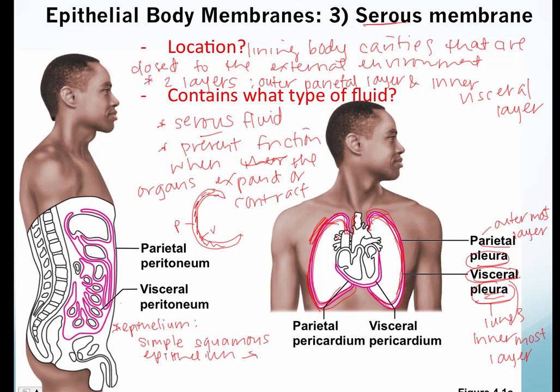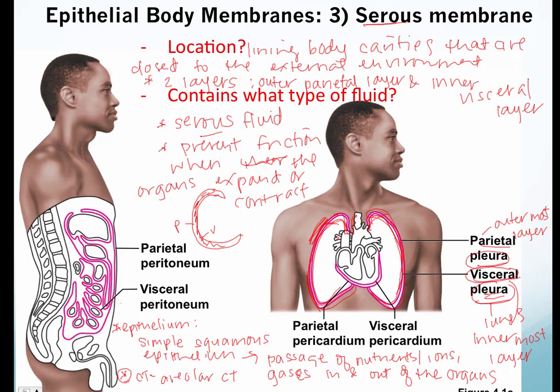Mostly because this thin layer allows for passage of nutrients, ions, gases in and out of the organs. Much easier. And the connective tissue we have is areolar connective tissue. Right, so two different things.